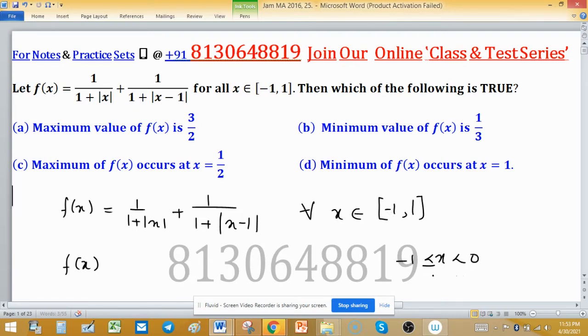So f(x) will be 1 upon 1 minus x plus 1 upon 1 plus of x minus 1.